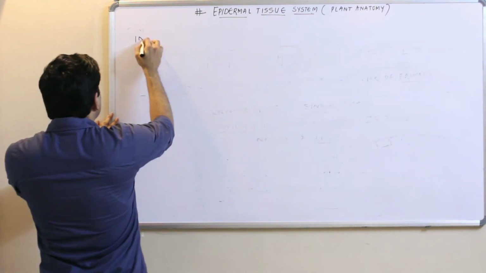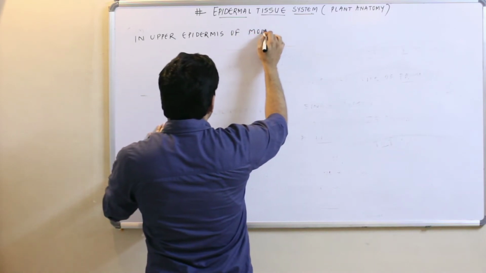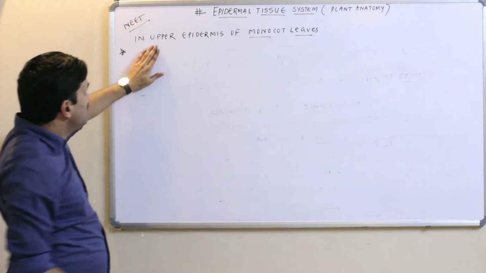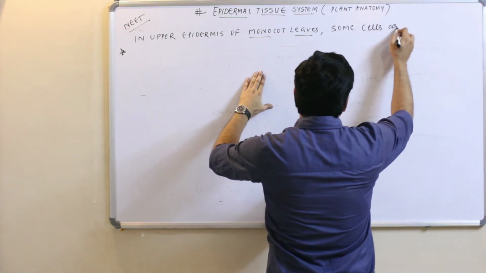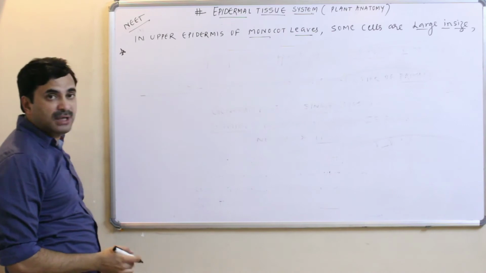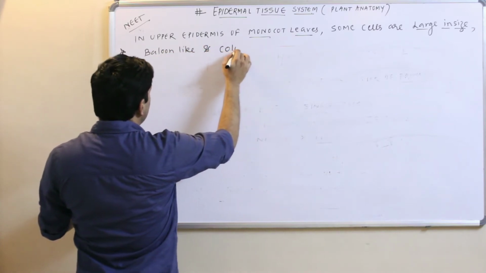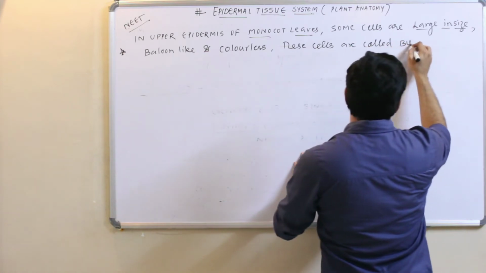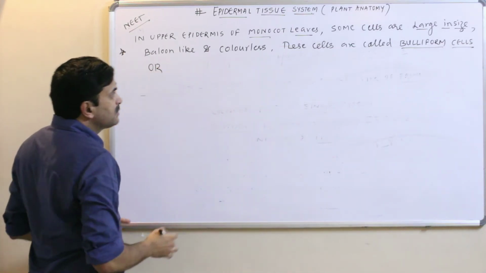What are bulliform cells? In the upper epidermis of monocot leaves, very very important, it was asked in the examinations, only in the upper epidermis of monocot leaves, some cells are large in size, balloon-like and colorless. These cells are called, very very important, bulliform cells or motor cells.